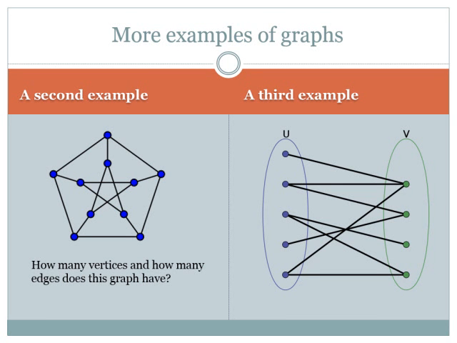We can count the edges. There are 5 edges on the outside cycle, and there are 5 edges connecting the vertices in the star. And there are also 5 edges connecting vertices from the cycle to the star. So all total, we have 15 edges in Petersen's graph.